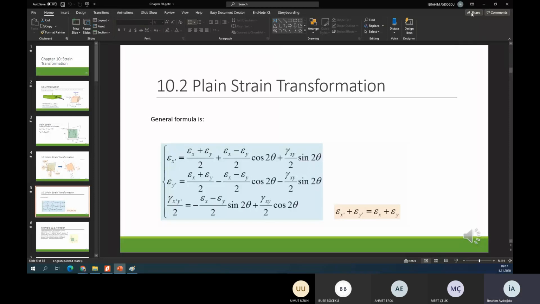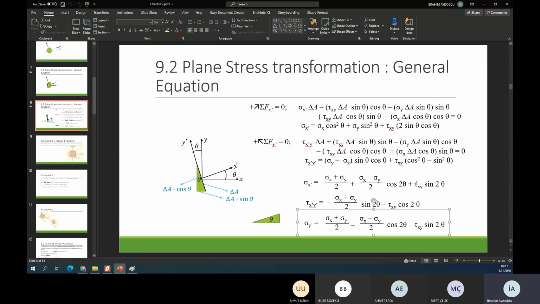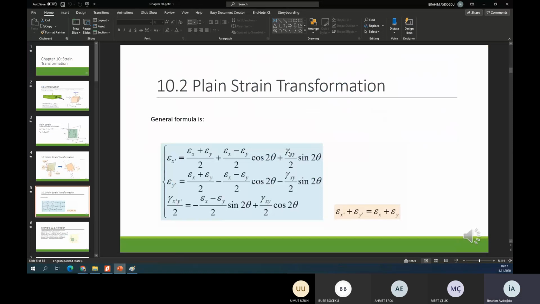In this equation, where we have tau xy, we don't use gamma xy for tau xy. We use half of gamma xy, so gamma xy divided by 2 is the only difference between the two equations.